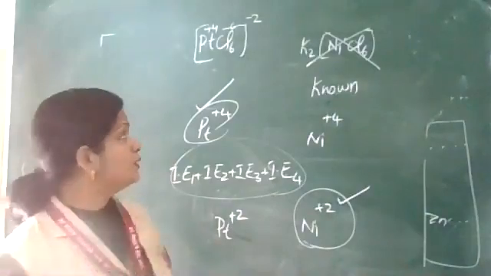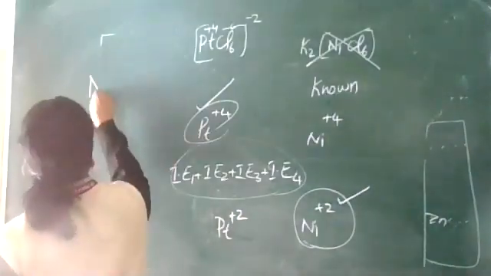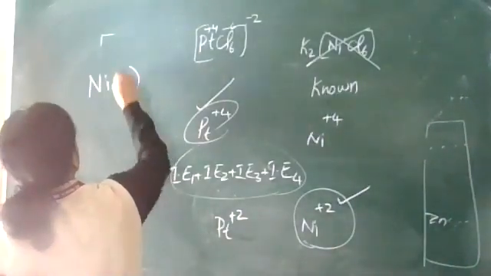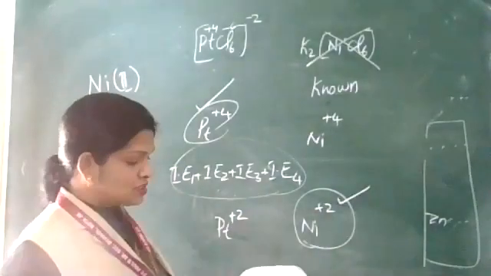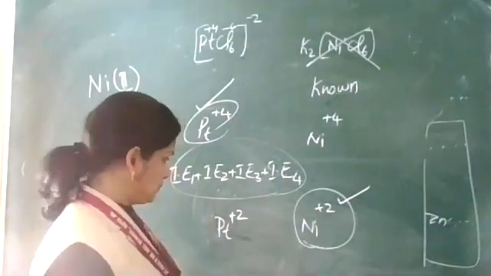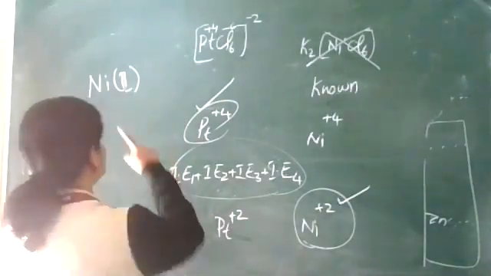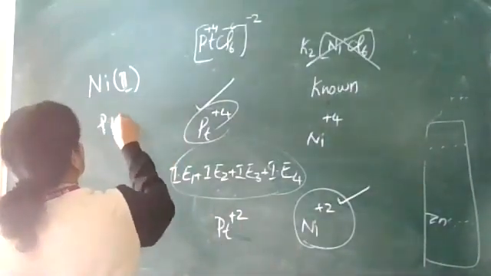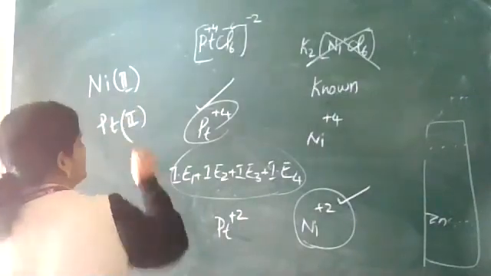Nickel 2 compounds are more stable than Pt2 compounds. Why?